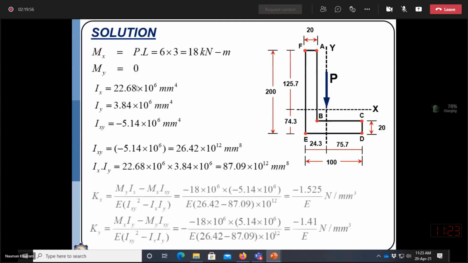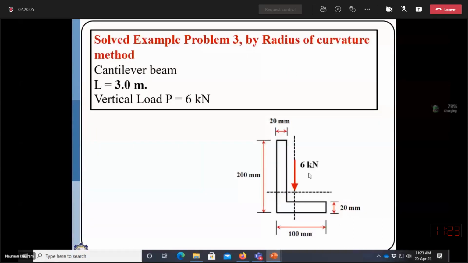The centroidal location is already given. We have already determined it in our previous example. The load is 6 kilonewton, which is acting at the free end tip of a cantilever beam having length 3 meter.